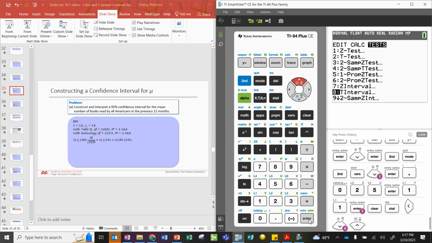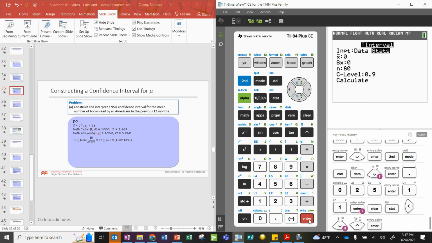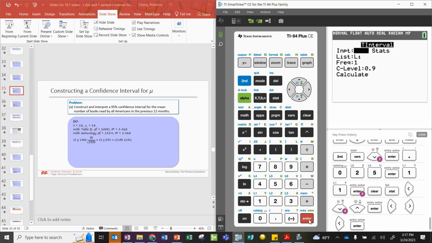When you do a T interval, you can either be given raw data, or you can be given statistics, meaning they gave you the X bar and they gave you the S. I can hit data, where you're going to notice I put data into L1.